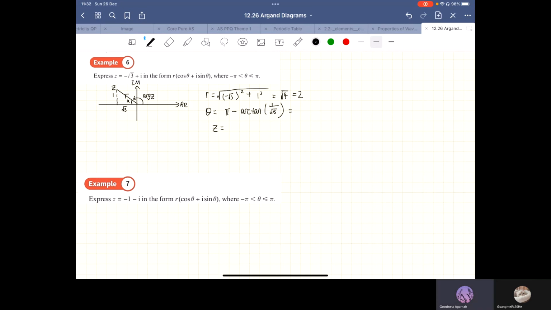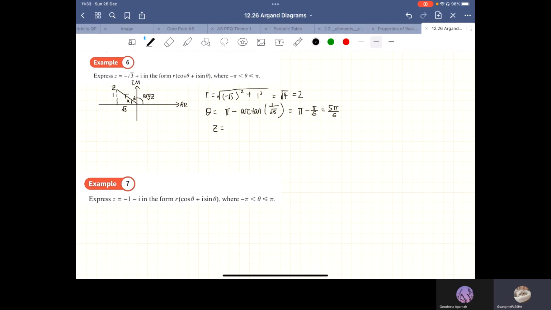Five pi over 6. Yes, that's it. Oh, you gave me the final answer. That's right. Pi over 6. Excellent. Now, what is z after we found r and theta? It's still the same thing, no?